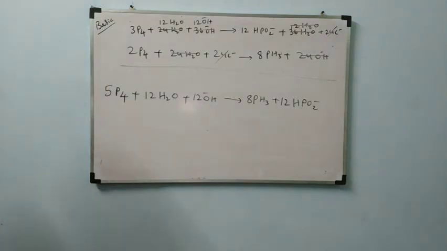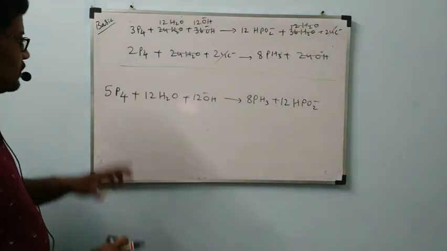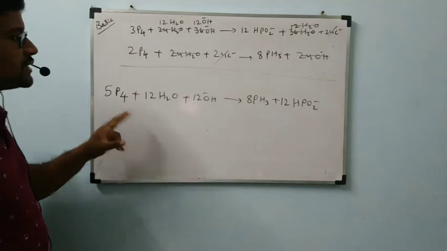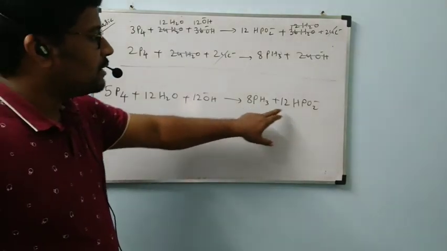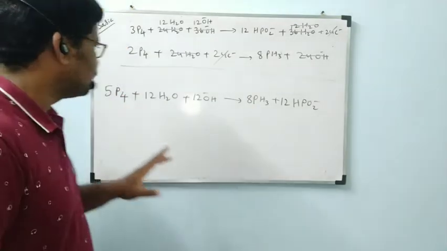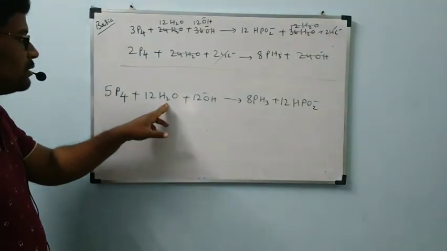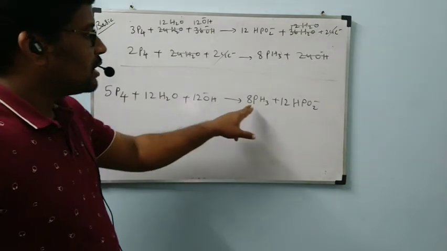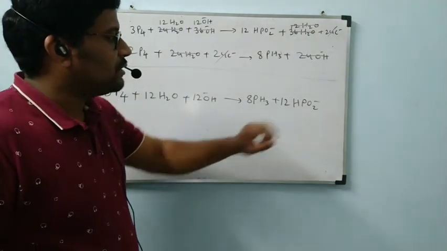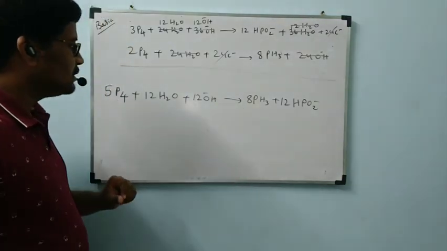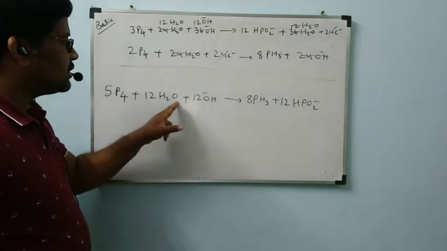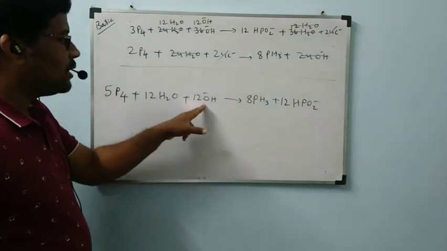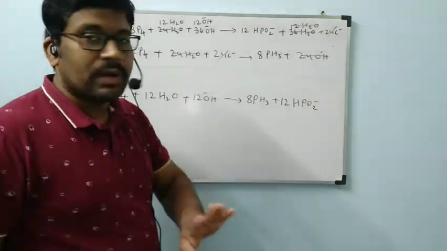Now check that one whether it is balanced or not. 5 4s are 20 phosphorus, 8 1s are 8 plus 12, 20 phosphorus. 12 2s are 24 plus 12, 36 hydrogens. 8 3s are 24 plus 12, 36 hydrogens. Oxygens, 12 1s are 12 plus 12, 24. 12 2s are 24.